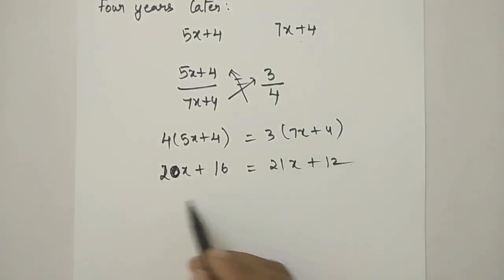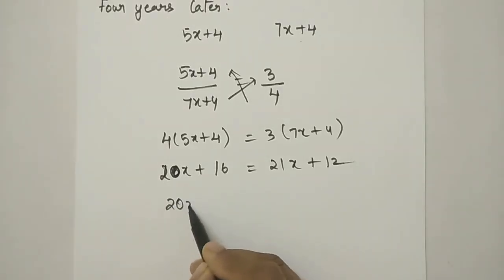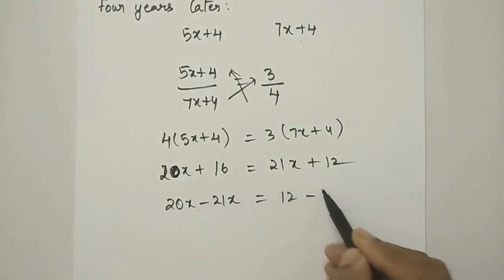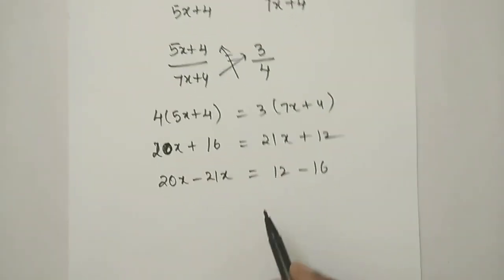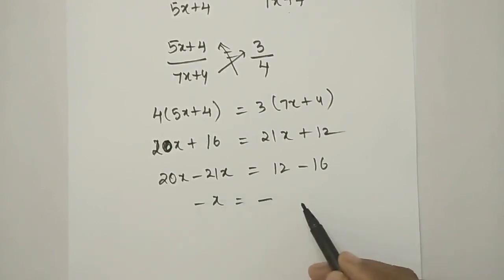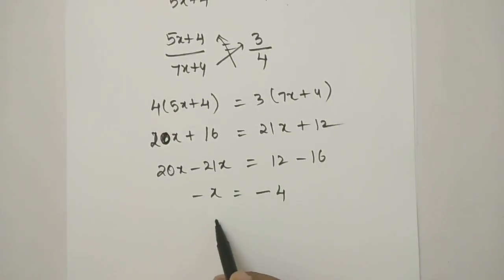Now bring the coefficients of x to LHS and constant terms to RHS. 20x minus 21x equal to 12 minus 16. This plus 16 becomes minus. So this is nothing but minus x is equal to minus 4. So multiplying both sides with minus, you will get x is equal to 4.